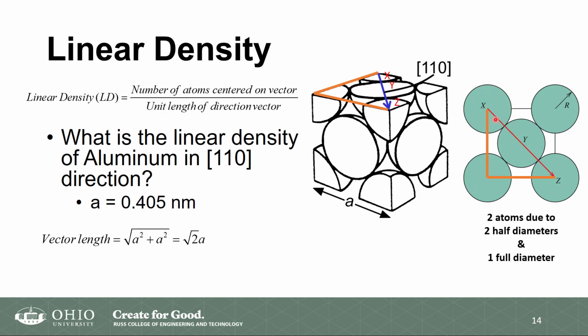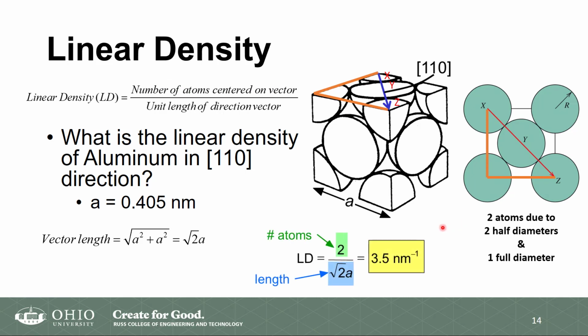We're looking at this particular distance, because X, Y, and Z atoms are all centered on this vector, and this vector goes completely through Y and only through half of X and half of Z. So we have one of Y, half of X, and half of Z, which gives us 2, the numerator in the linear density formula.